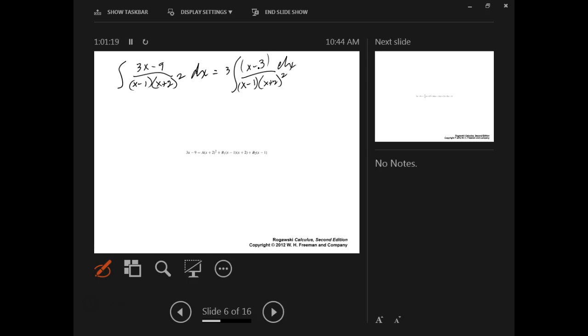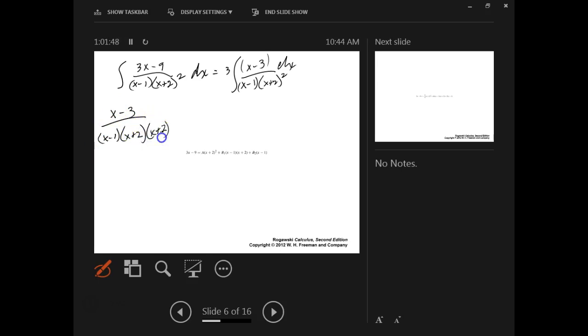So, what would be your guess of what to do next? Technically, we have 3 functions in the bottom. Yeah. We have x minus 3 over, and did you say write it as 3 factors? Yeah. Okay. X minus 1 times x plus 2 times x plus 2.